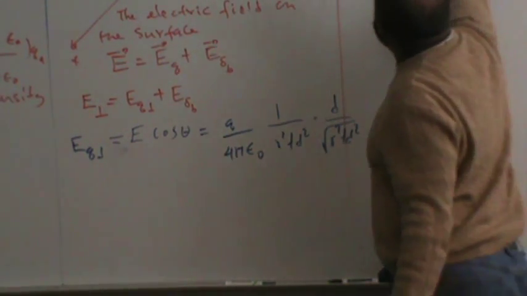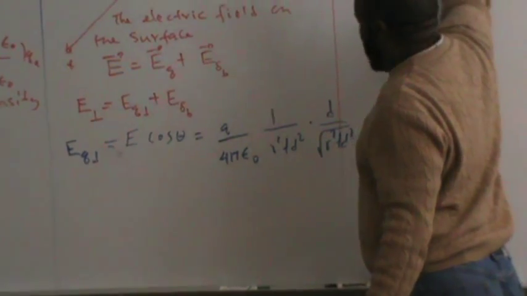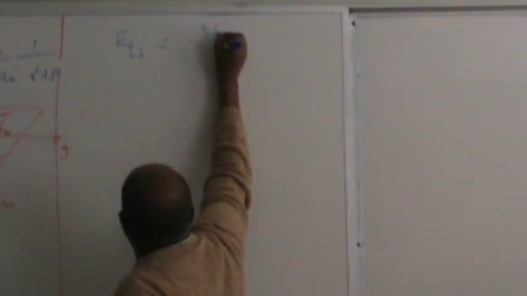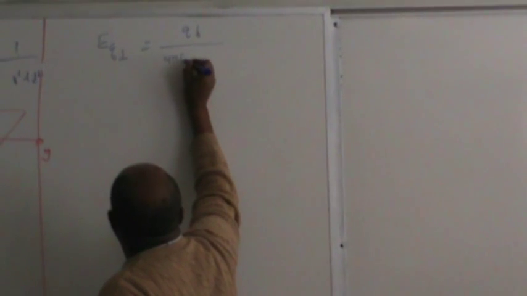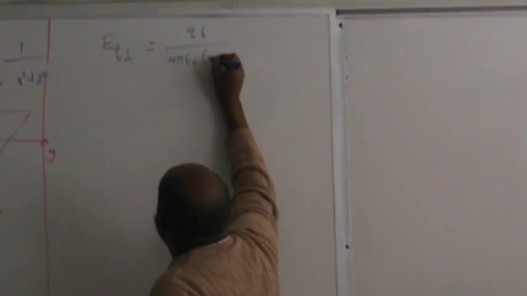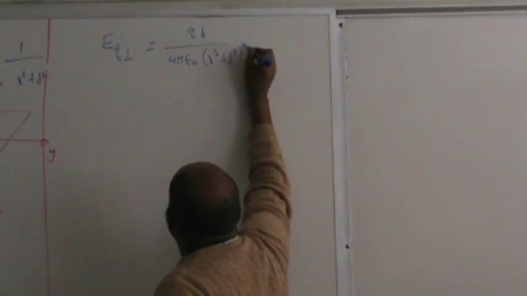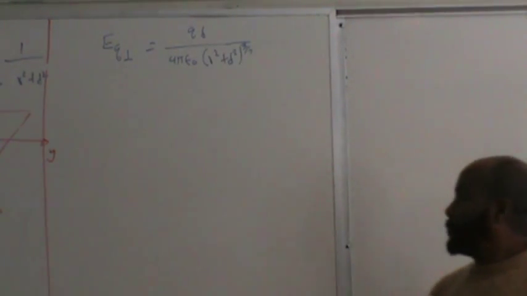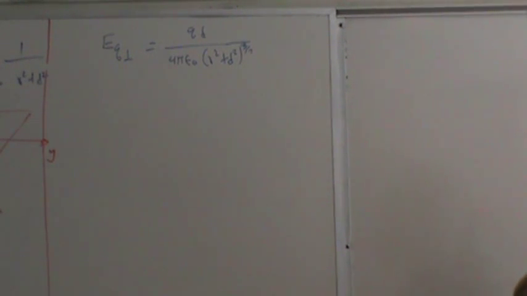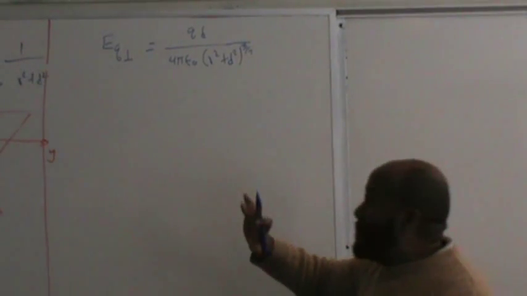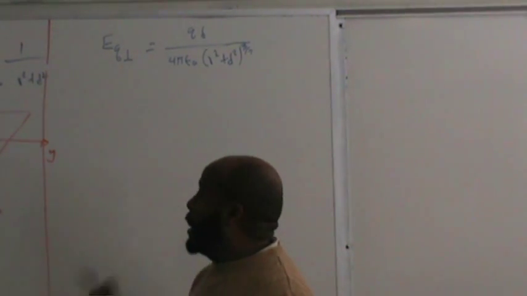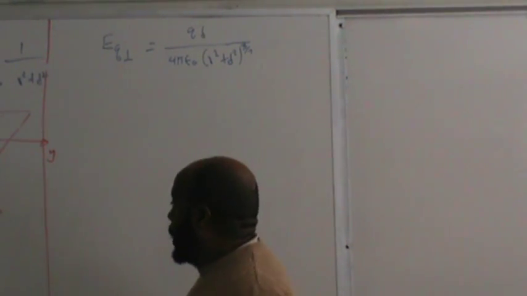So E_Q normal becomes Qd over 4 pi epsilon naught times r squared plus d squared raised to the 3 over 2. So we are talking here just about the magnitude of the normal component, okay?